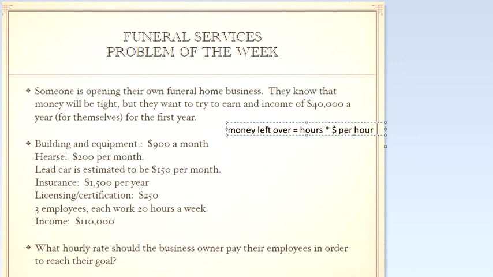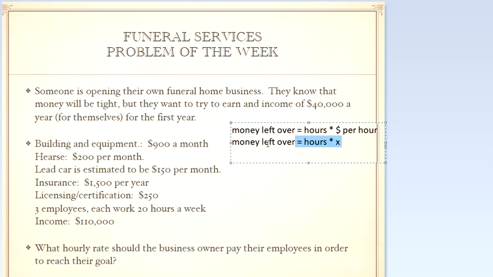Okay, so this is your variable. This is like X, so you could rewrite it like this. Okay, these are numbers you can plug in based on the information. You can calculate the money you have left over after your expenses and after your own $40,000 salary.